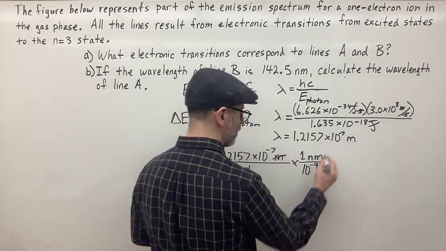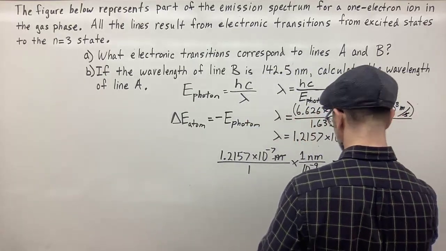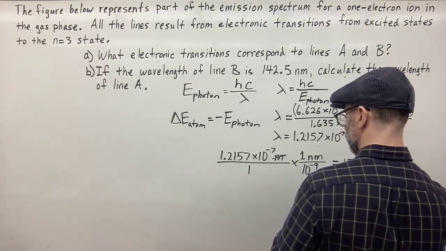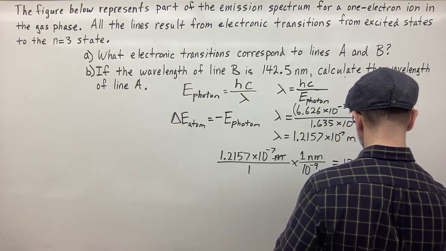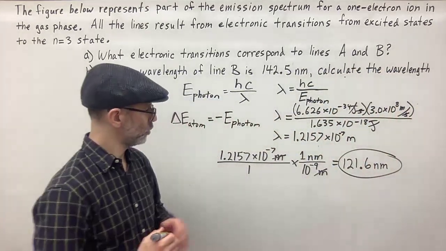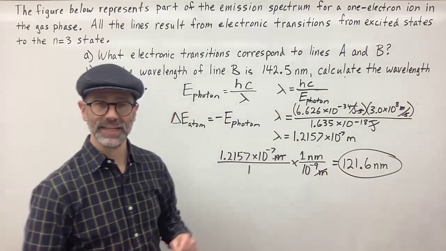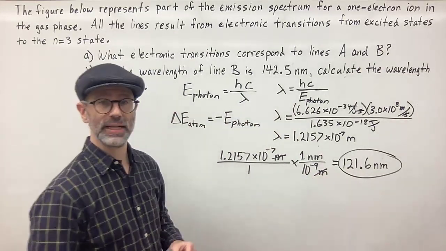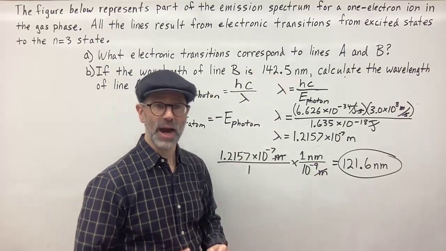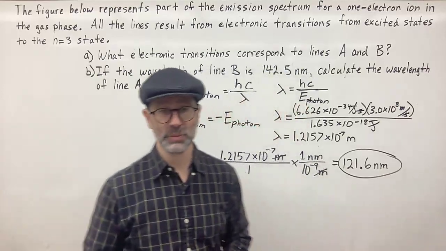Meters cancels out. I have nanometers. So then this is going to become 121.6 nanometers. 121.6 nanometers is the wavelength of the light that was emitted in the transition of the electron from 6 to 3, which gave rise to the line A that was in our emission spectrum.